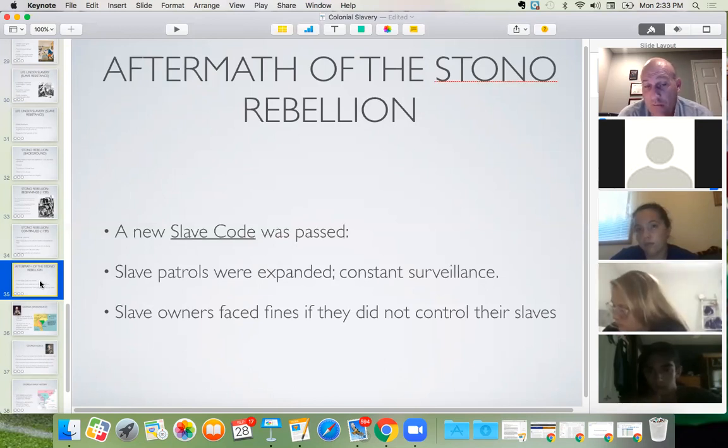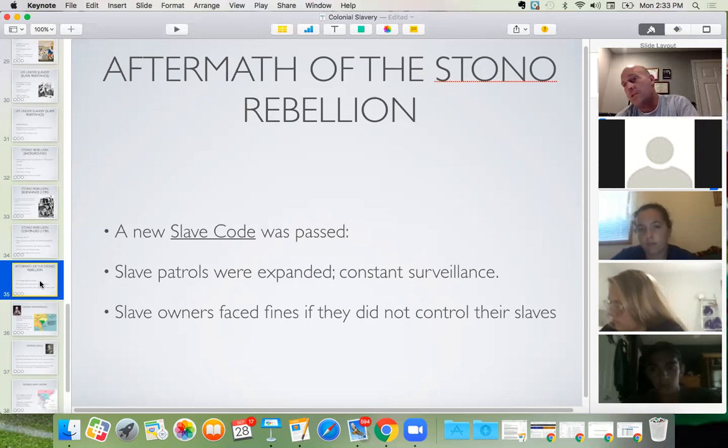Constant surveillance. Movement was restricted, and those opportunities to hire out your own labor can all be restricted. Some owners didn't let them go to church anymore because you learn about the Egyptian slaves and slaves escaping, and slave owners themselves faced fines if they did not control their slaves.